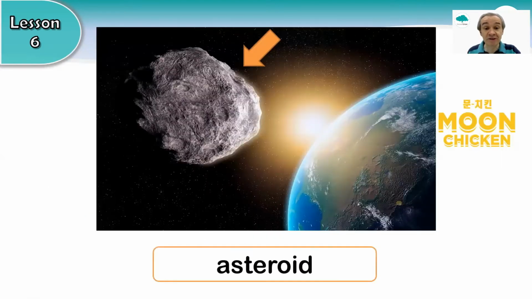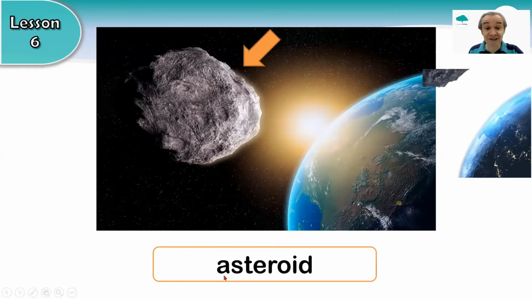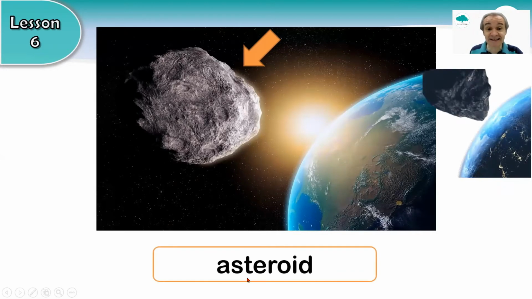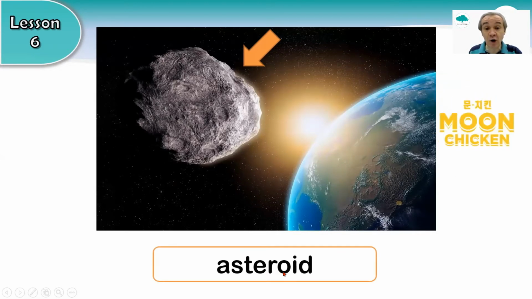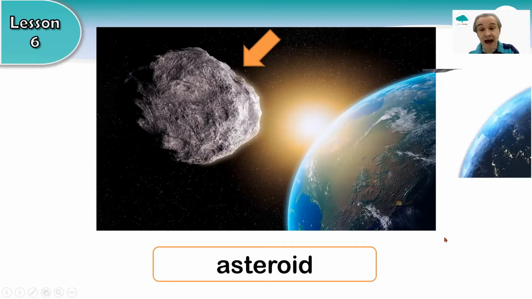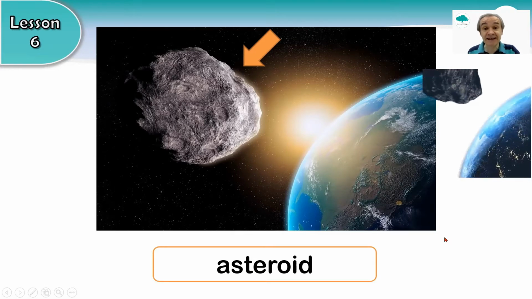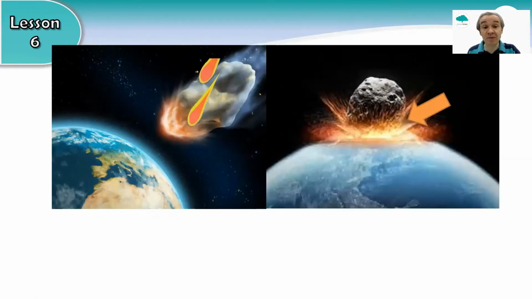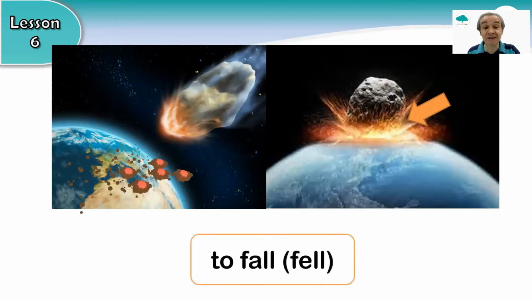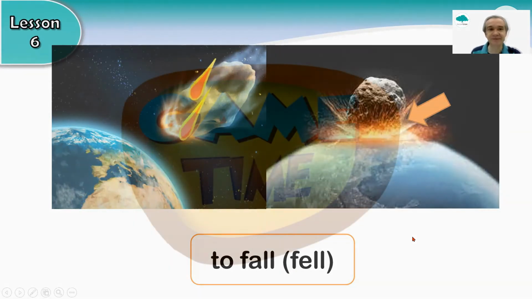Okay, so what does it do? It is an asteroid, A-S-T-E-R-O-I-D. And what it does is when it comes to Earth, we say it falls. The past tense of fall is fell onto Earth.